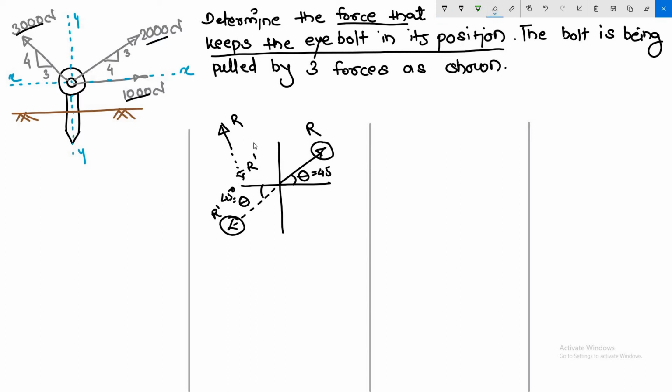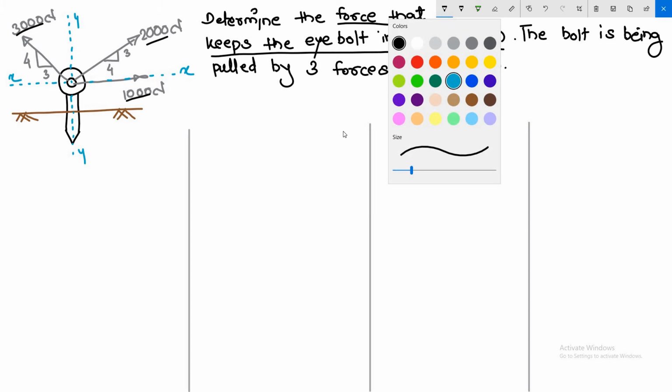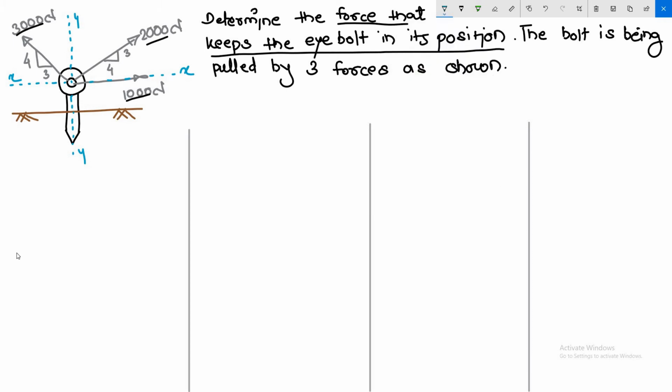Alright, now let's try to solve the given problem. We will start by having the conventional axis system. For example, this is the x-axis, this is the y-axis, then this should be the 2000 Newton force.